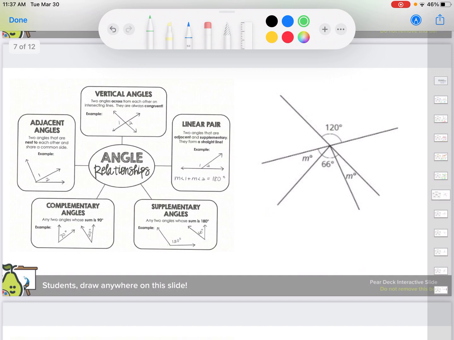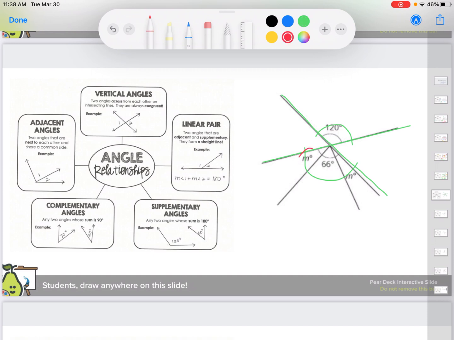All right, so this one's the same idea. I'm using the relationships. So I know these lines right here mean that this angle is 120 and this angle is 120. I know that because they are vertical angles. So even though M, 66, and M combined equal 120, because they're across from each other, they equal 120.